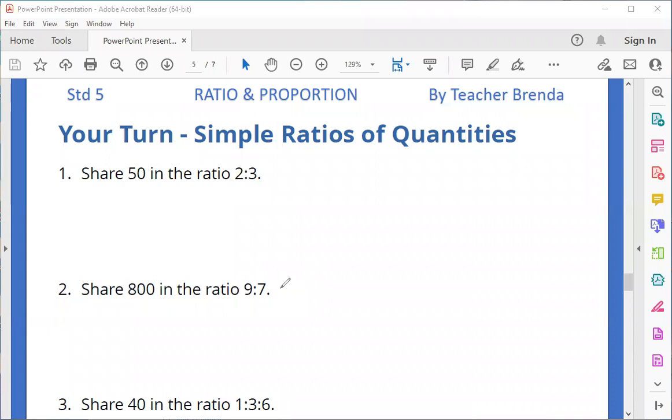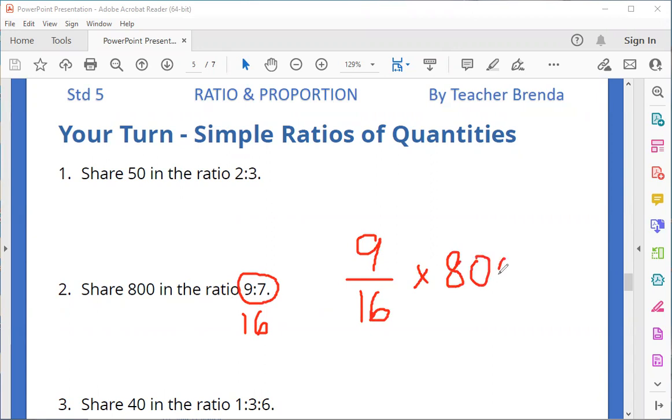You're going to go up a little bit more and do it as a question. But you still need to know the total parts. 9 plus 7 is 16. That means if I wanted just 9 parts, I would have to take 9 over 16 and multiply it with 800 from that total. Okay?